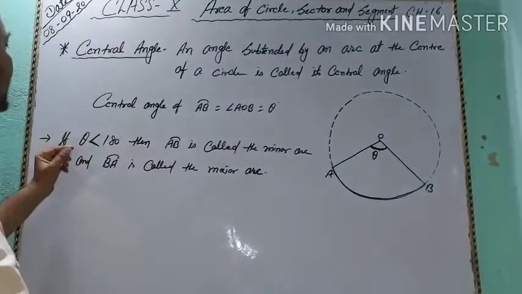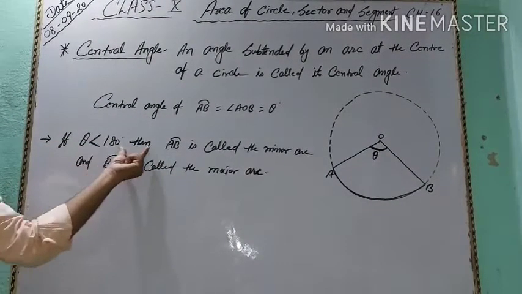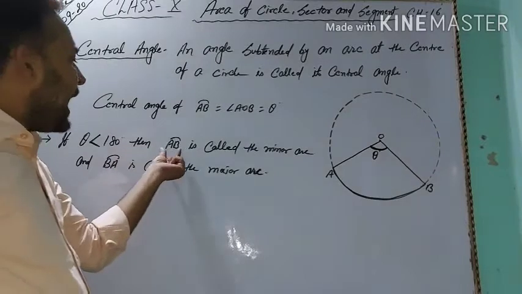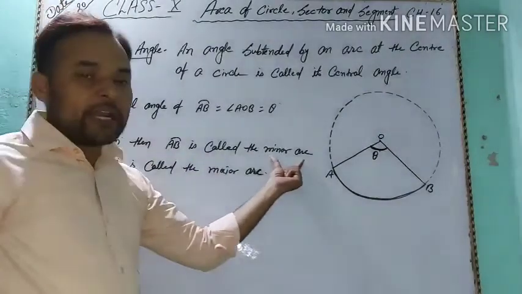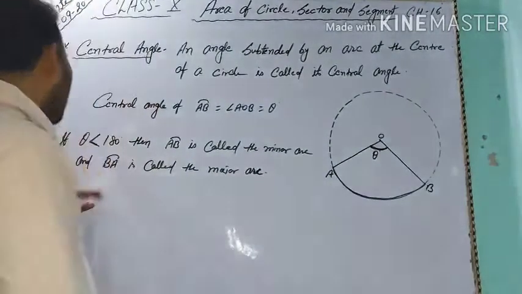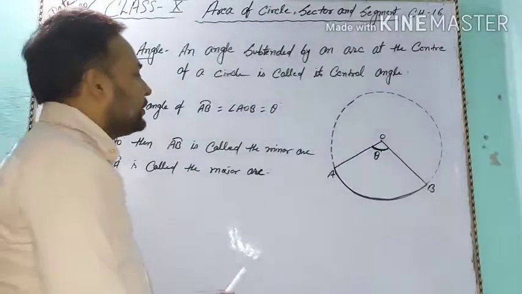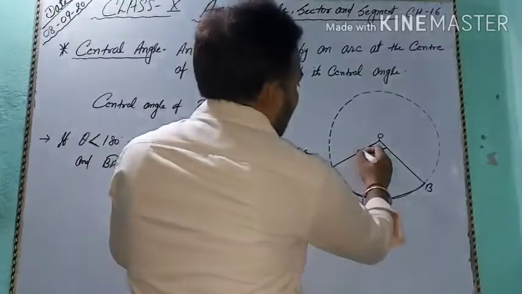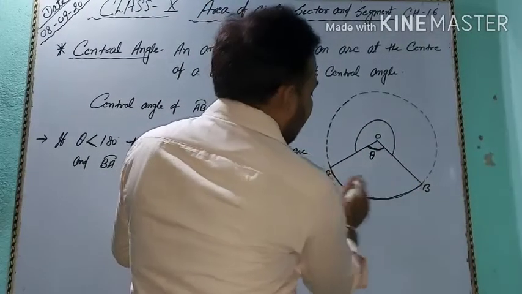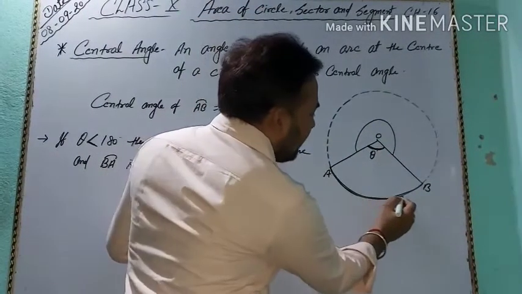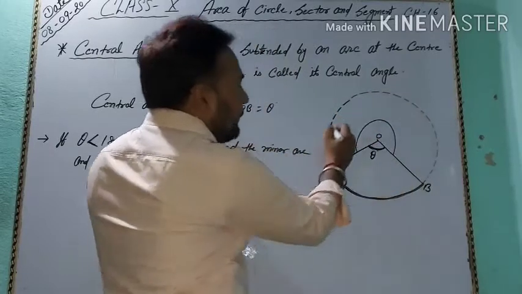So if theta is less than 180 degrees, then we say that arc AB is called the minor arc and arc BA is called the major arc. Students, if AB is the minor arc, then BA is the major arc.